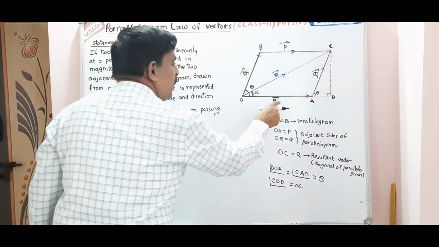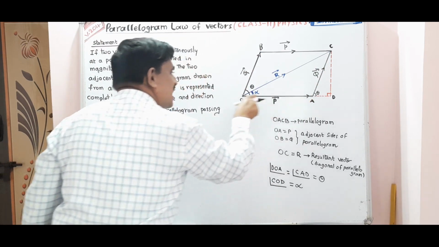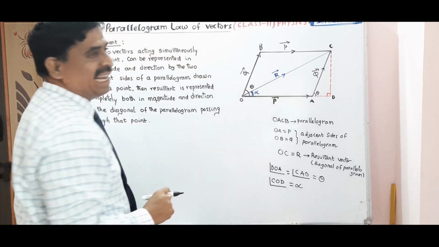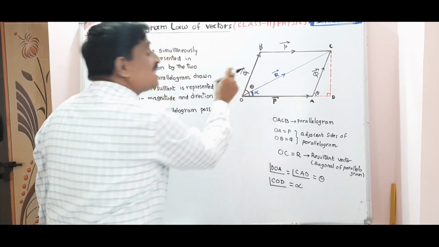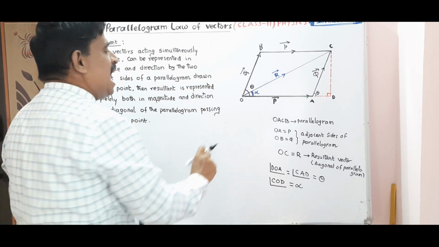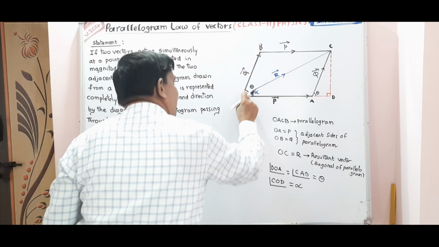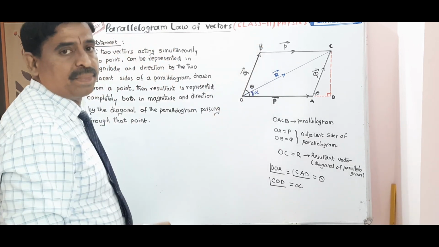Here, P is the vector acting along the adjacent side of the parallelogram in the OA direction. Q is another vector acting along the OB direction, along the adjacent side of the parallelogram.